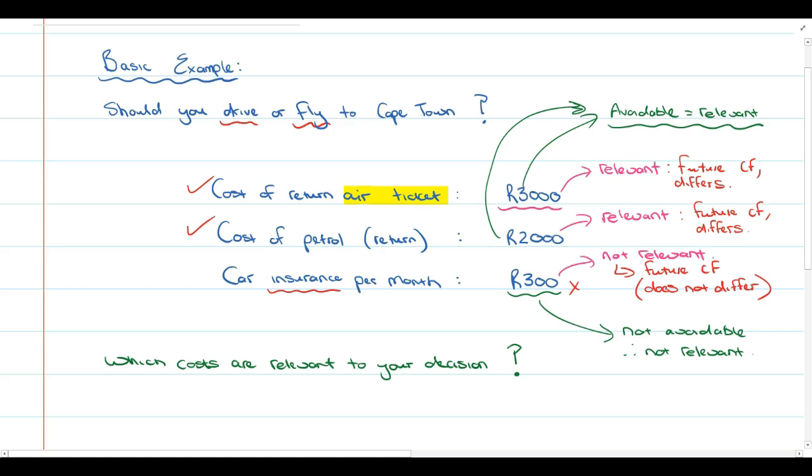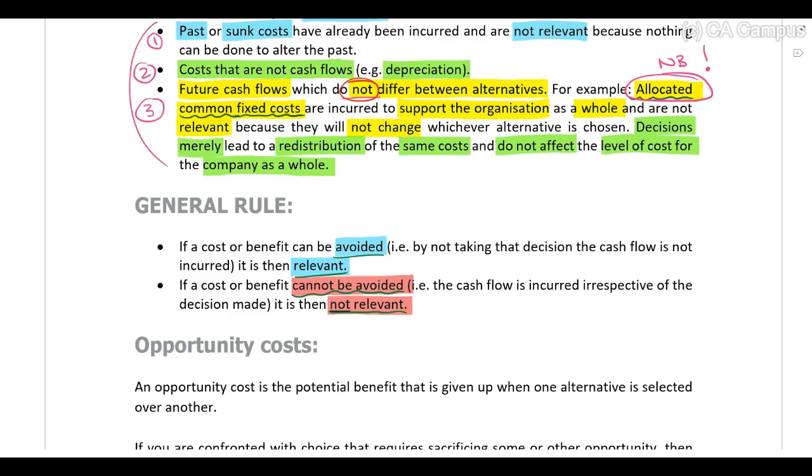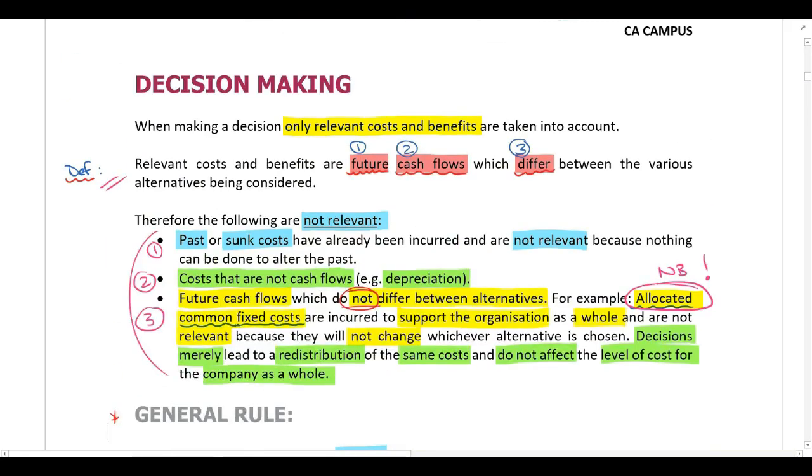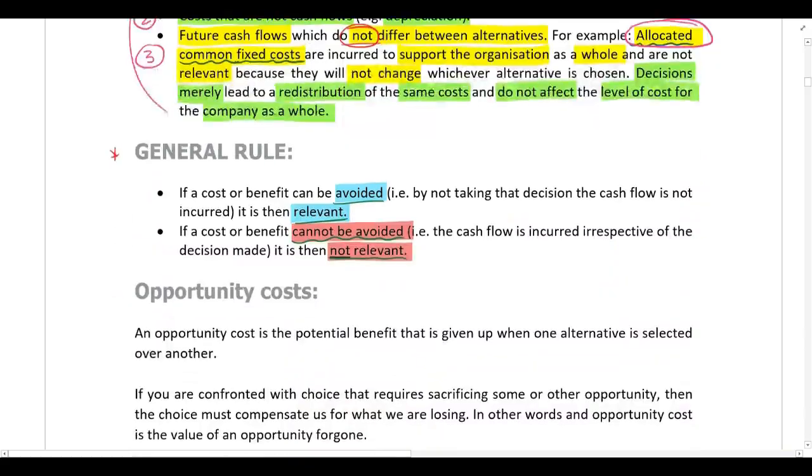So you can see you will come to the correct conclusion. Either you can apply the definition, or you can look at the general rule and determine whether it's avoidable or not. And either way, you will come to the correct conclusion. And that is how we determine if something is relevant or not. And when we are making decisions, we only take relevant costs or benefits into account.